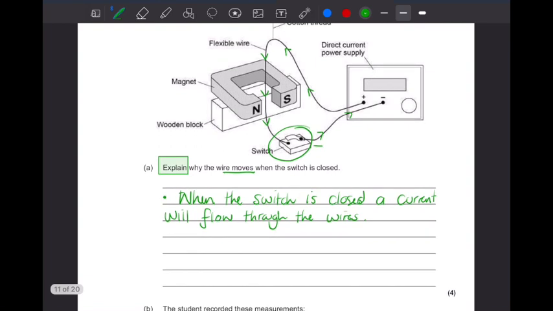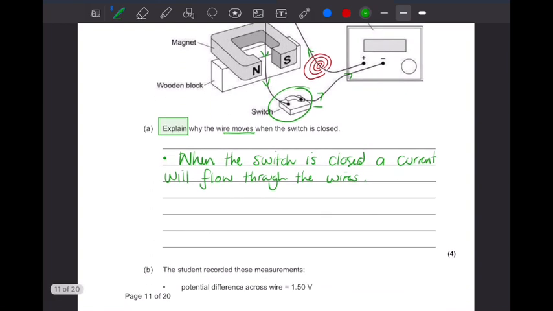So when we've got a current flowing through a wire, one of the things that hopefully you've learned is that a magnetic field develops around the wire, and that magnetic field is circular. You can use the right-hand thumb rule if you want to figure out the direction of that, but we've got a magnetic field around the wire. So when the switch is closed, a current flows through the wire.